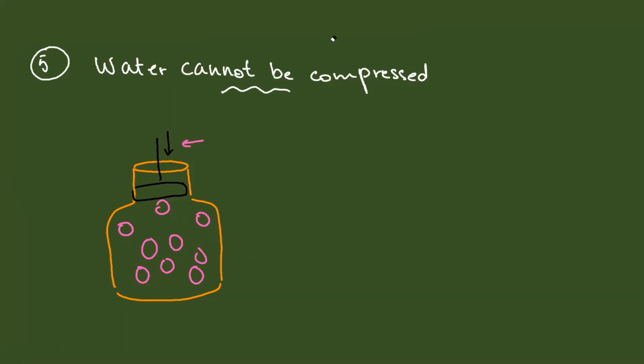But what about water? Suppose I have another jar like this. It's important so humans cannot be compressed, right? Of course. And not only for humans, my dear. This is very, very important in plant transport of water. Suppose I have another jar and I put some water in it.